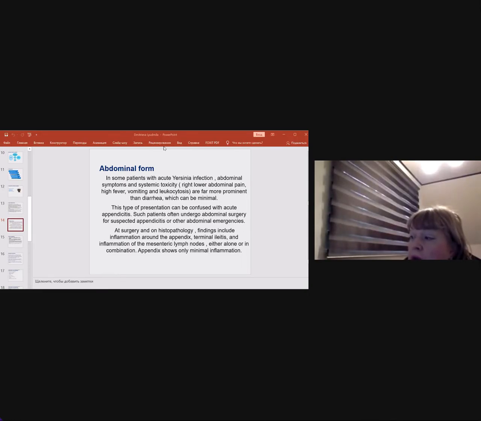The patients may have mild, moderate, or severe course of disease, and the patients may have an acute course of disease, not longer than 1 month. If the patient has chronic course, it may be more than 3 months. If the patient has the clinical signs of yersiniosis more than 3 months, it may be the chronic course of disease.